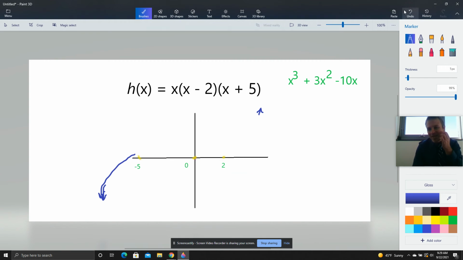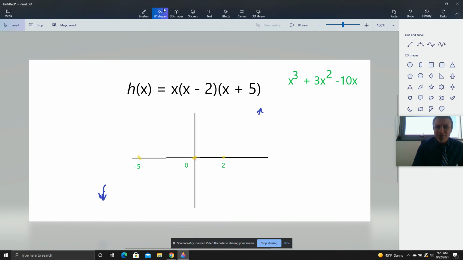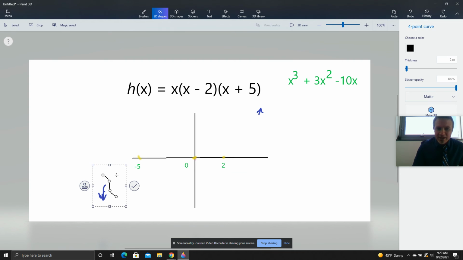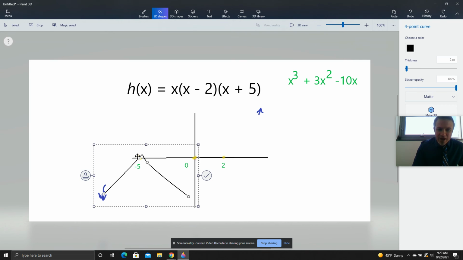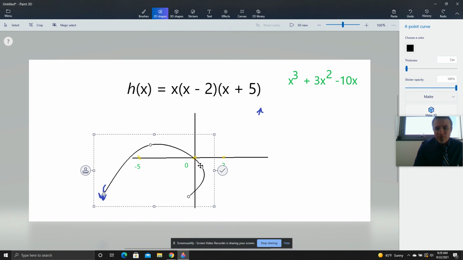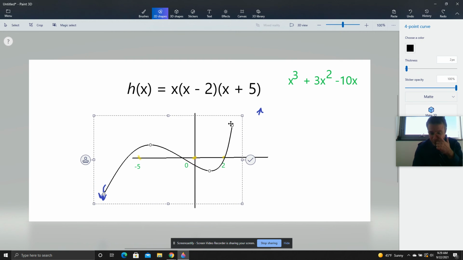So now I know that this parent function has to intersect at these zeros. It's got to start at this end. It's got to go through negative 5, and then it's going to hit a max. And then it's going to go through 0, and then it's going to hit a min, and then it's going to shoot through 2.